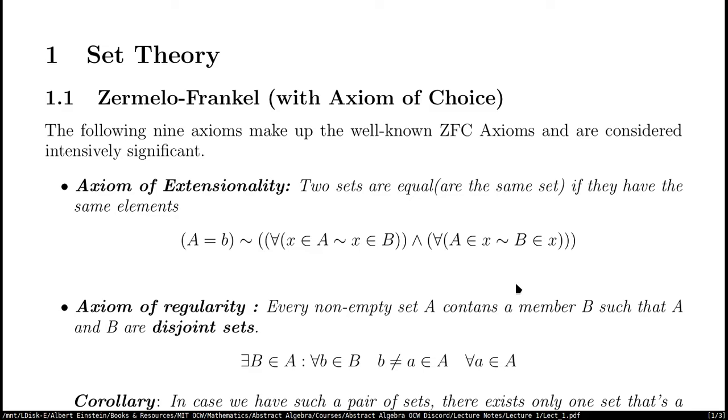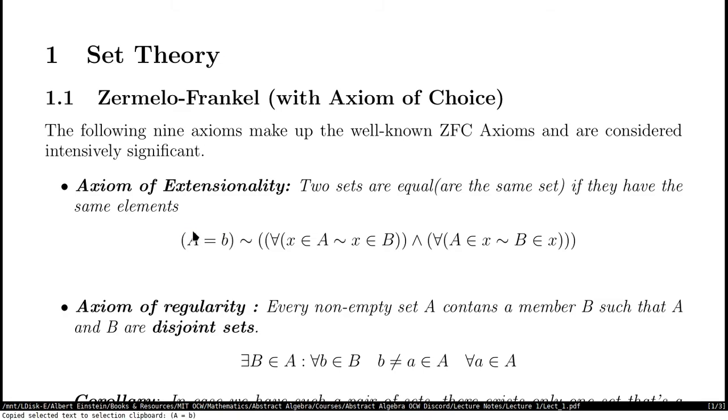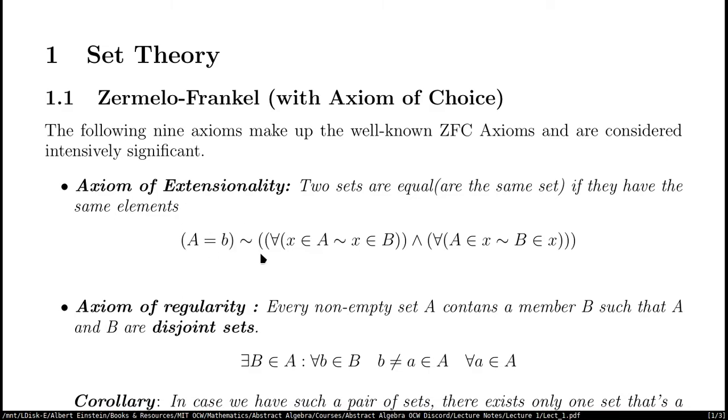The axiom of extensionality says that if your set A is equal to B, (this should actually be uppercase B), then A equal to B is a statement that is true, which is what the parentheses mean.